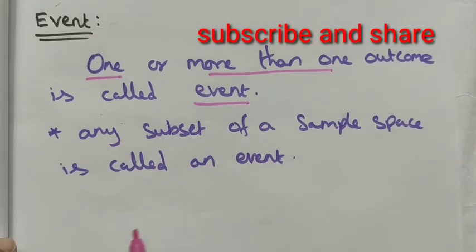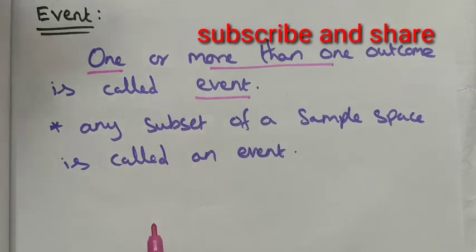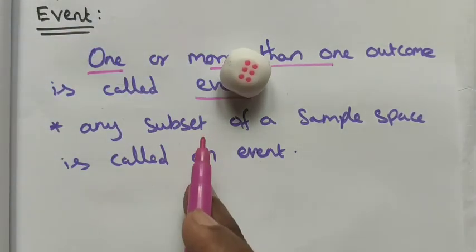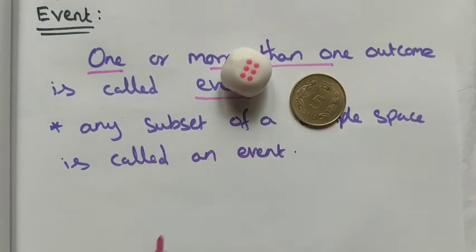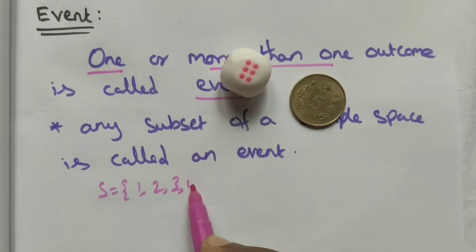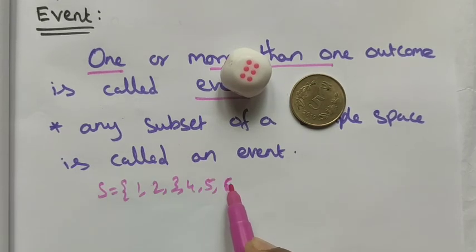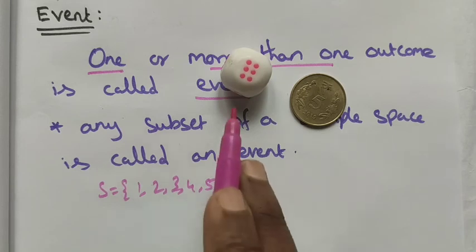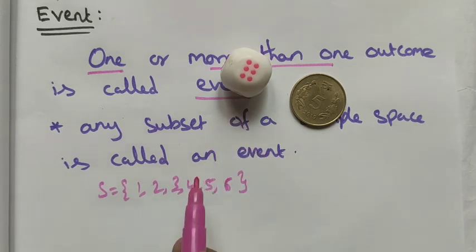For example, in a die, we know we have 6 faces, the numbers from 1 to 6. So I write the sample space first: S is 1, 2, 3, 4, 5, 6. Sample space means all the possible outcomes, so these are the possible outcomes we can get in a die. Here the event is the even number only.